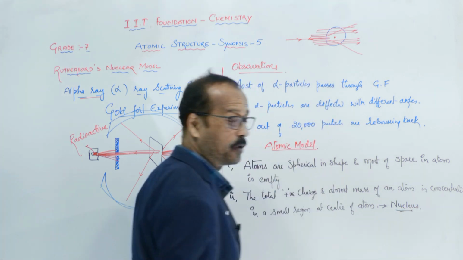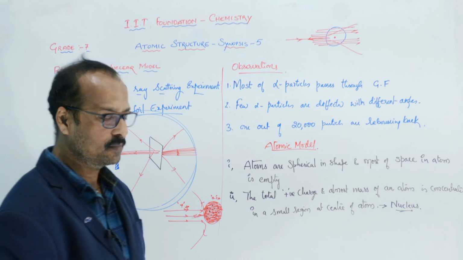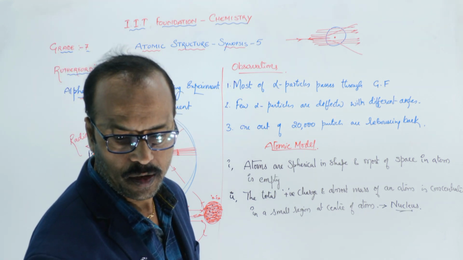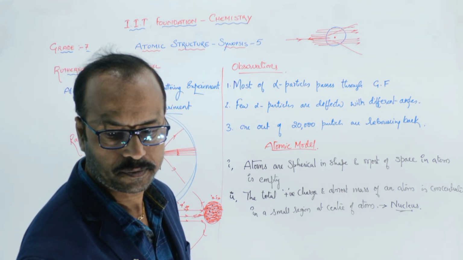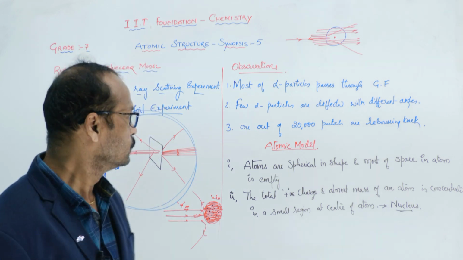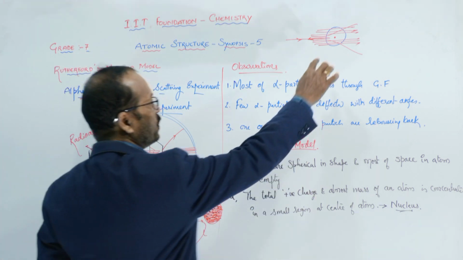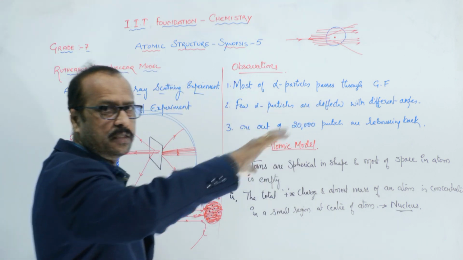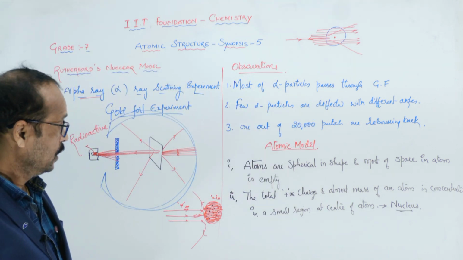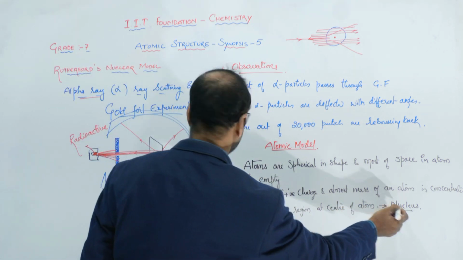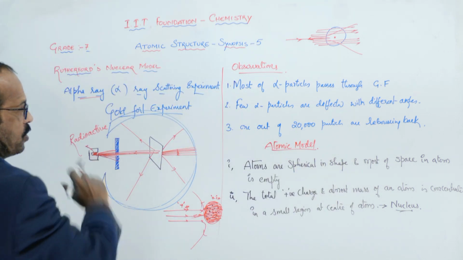This is a very important point. So this is a nucleus where the total positive charge and the total mass are situated. That's why this model is called Rutherford's nuclear model.